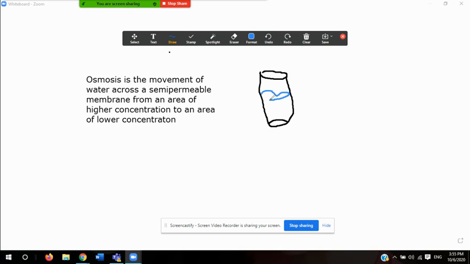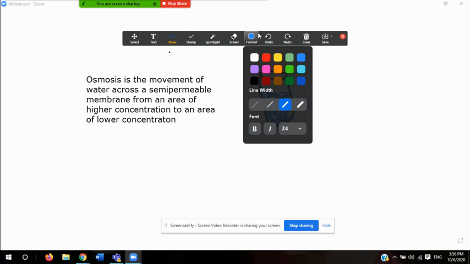If I put 1 teaspoon of salt in this glass of water, I know salt is usually white, but if I draw white here, you're not going to be able to see what I'm trying to illustrate.